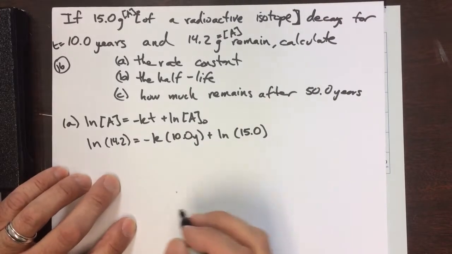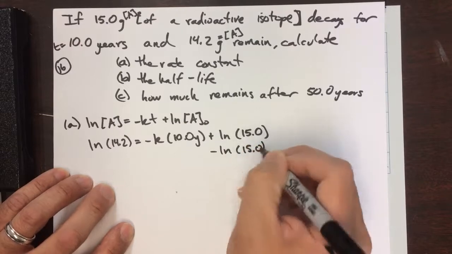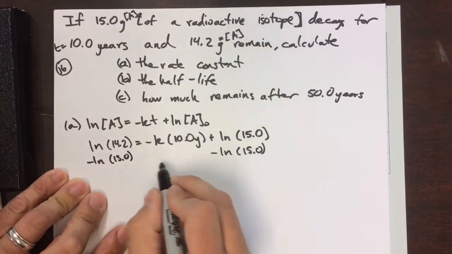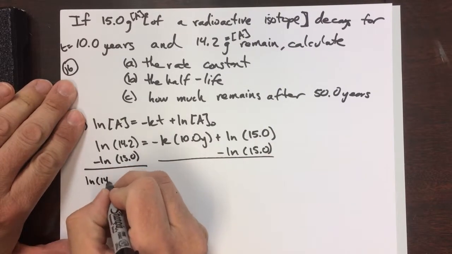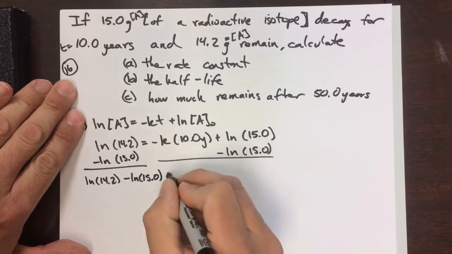So we're going to move the ln 15 over to the other side. And whenever you feel like it, you can convert these into numerical values with your calculator. I'm going to do it at the end.